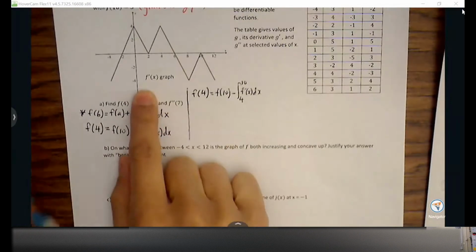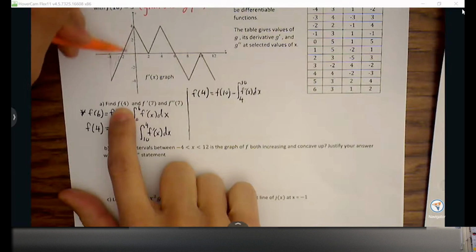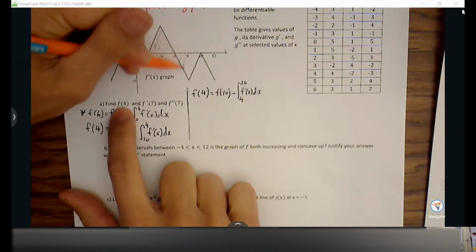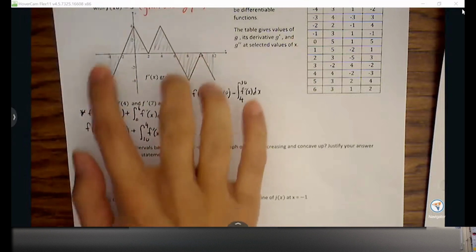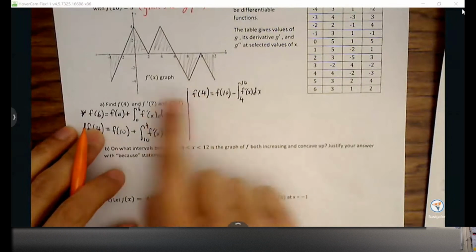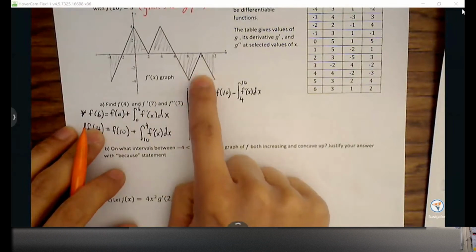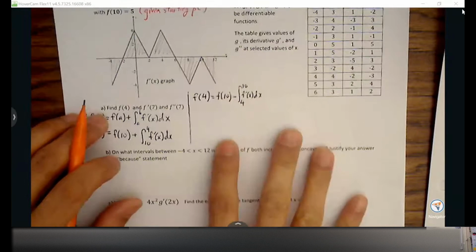So I'm going to shade in the region here. So we're only concerned about between the graph and the x-axis. I see some students shade in other regions. That's not part of the problem. So even though there's a triangle here, we don't shade this region, right? Because this does not incorporate between the graph and the x-axis. So only what's between the graph and the x-axis.